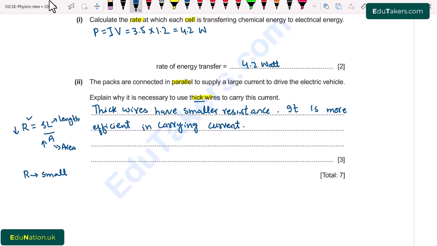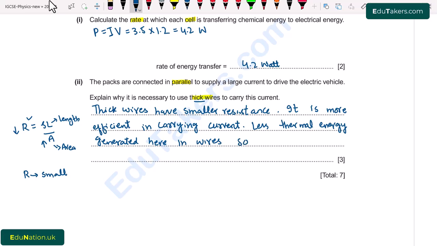And less thermal energy is generated here. Which means that there is less amount of heat produced here in wires.